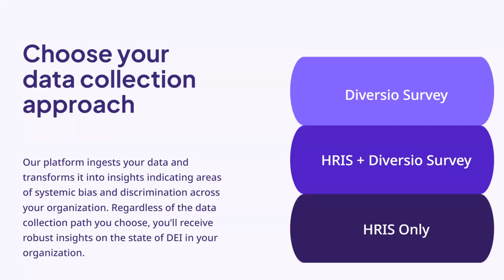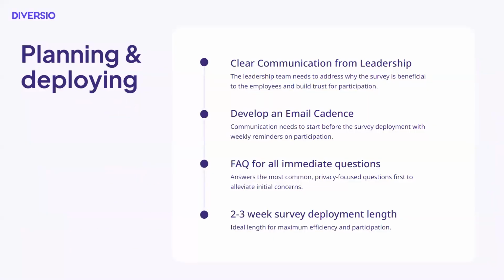On the next slide, what we can see is planning and deploying for the survey. When we initiate a survey, when we deploy, we always know that this is a huge task, a huge lift to get the maximum participation, the maximum trust and openness from the employees. So there's a few best practices we have here, the first one being coming from the leadership team.